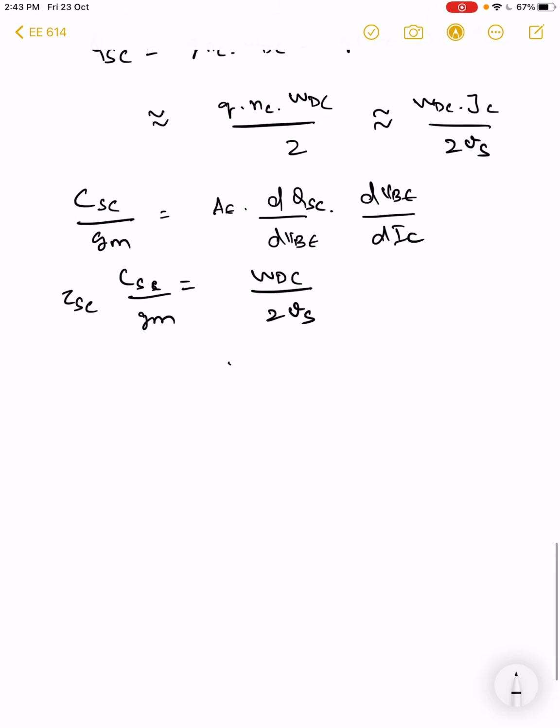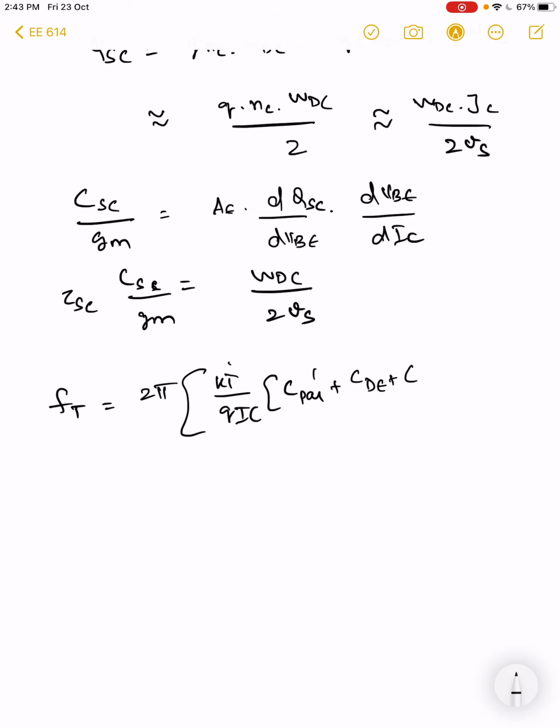So the total cutoff frequency will now turn out to be 2 pi into KT by QIC into C parasitic plus C depletion in the emitter plus C depletion in the base collector junction. And remember, this comes from GM, right?